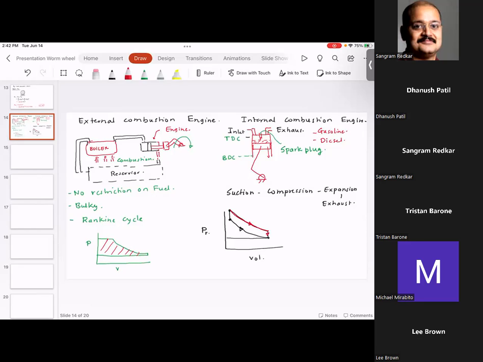So this is compression. This is heat addition. This is expansion.